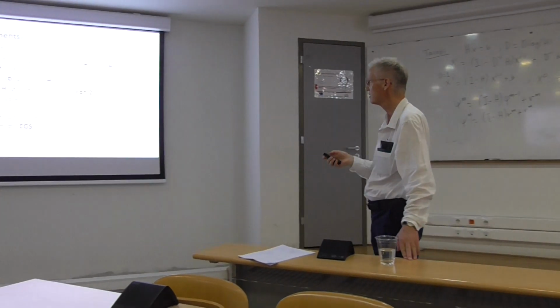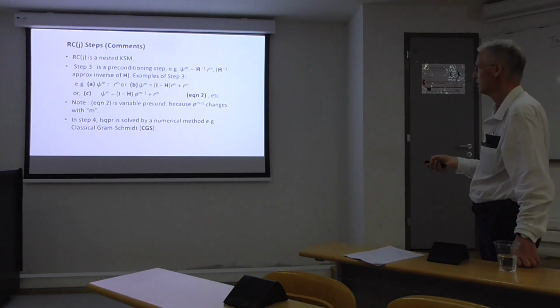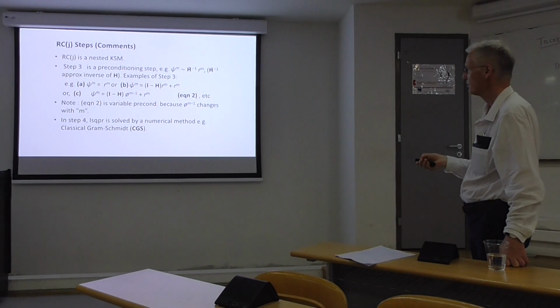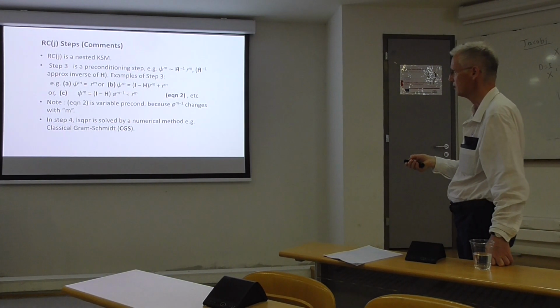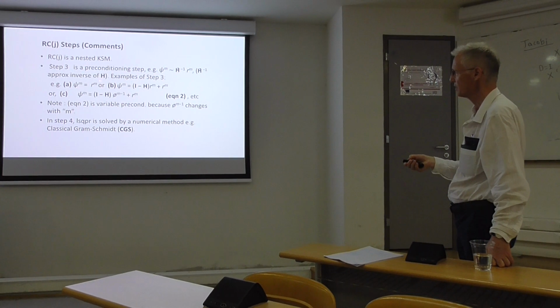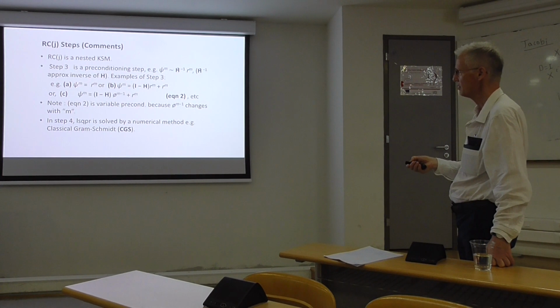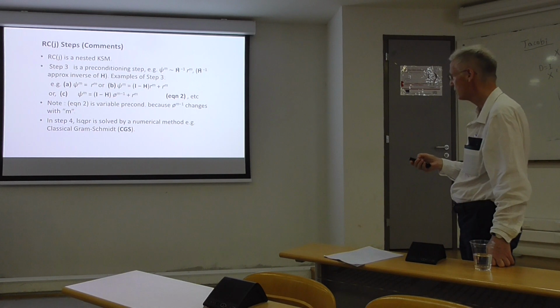So this is one of them, or this one, okay? Second one, C. This is the simplest one. That is essentially no preconditioning, okay? This is the identity, okay? Now this equation is a variable preconditioner. Why is that?